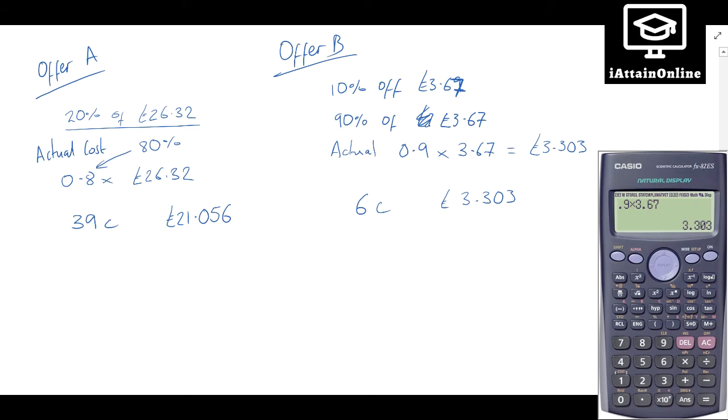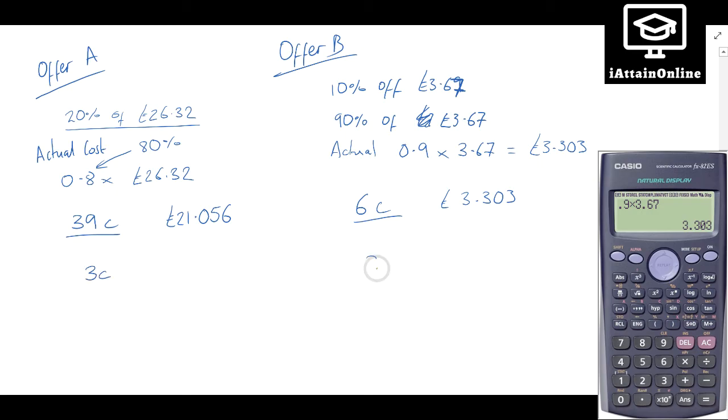So now we have the actual cost using those offers of 39 croissants and 6 croissants. Now I have those quantities, I need to make them the same so that I can then compare the costs and decide which one is the best value for money. So looking at the 39 and the 6, a nice number that goes into both of those would be 3.